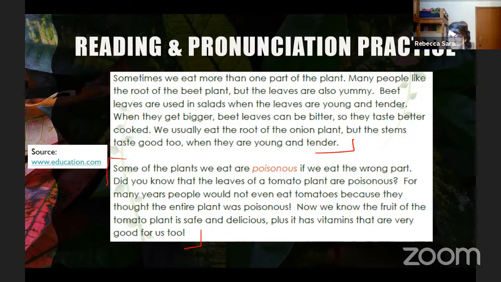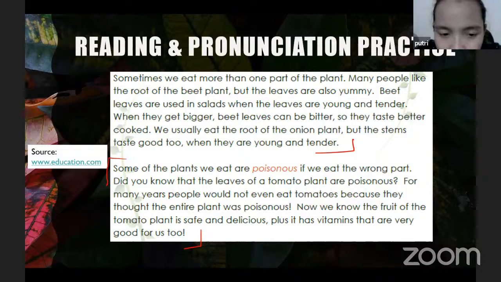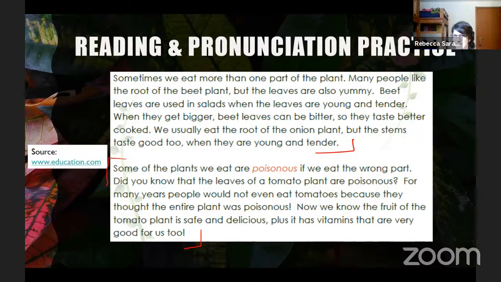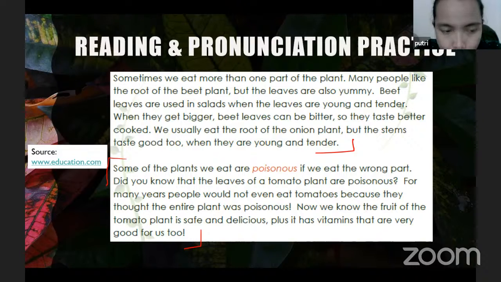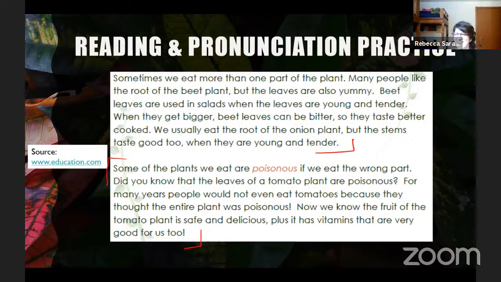I typed it in the chat because I'm not sure you heard me. Rizky, sudah baca chatnya Miss Becky? Oke, Rizky. Can you hear me? Okay. Yeah, Kak. So would you like to read the last part? Yeah.